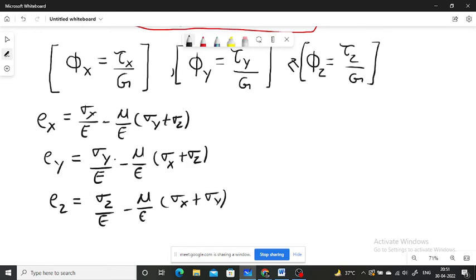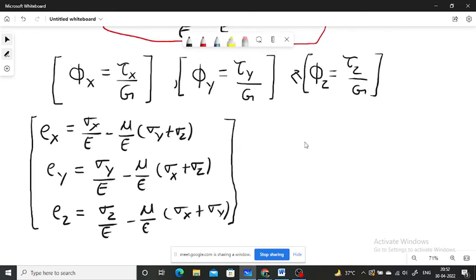These six equations are known as generalized Hooke's law equations. Okay, three linear strains and three shear strains.